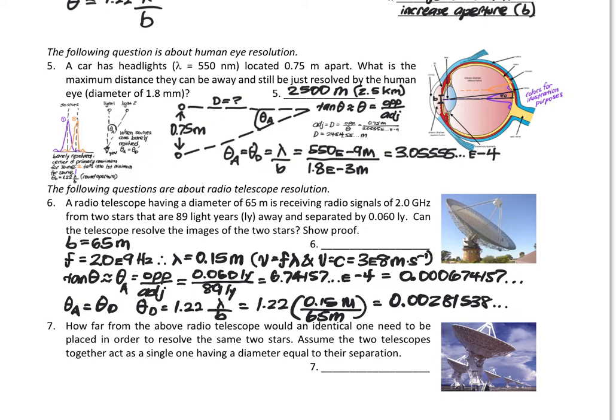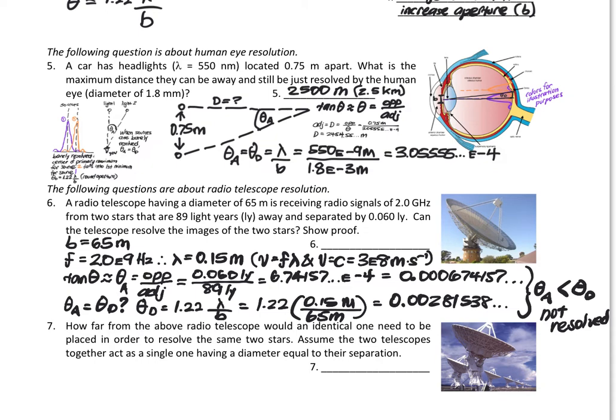Now, the actual angle that the two different stars subtend is less than that. And since that angle between those two stars is less than the diffraction angle for that telescope, it is not going to resolve the two stars. It will actually see the two stars as one star. And that's not uncommon for telescopes.